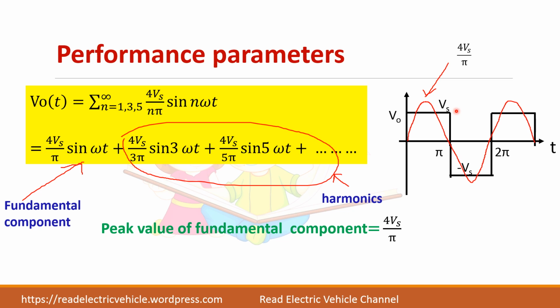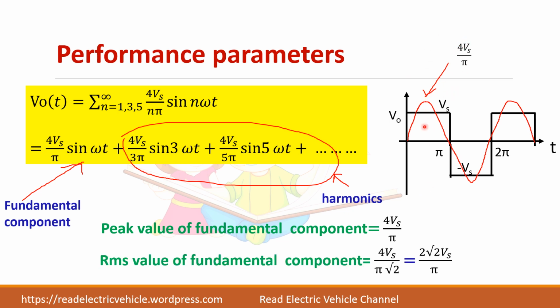But the magnitude of the square wave is only Vs, while the fundamental component magnitude will be greater than the square wave. Then if you find the RMS value, Vrms is equal to Vm by root 2. So this is the peak value, divided by root 2, you will get the RMS value of the fundamental component.